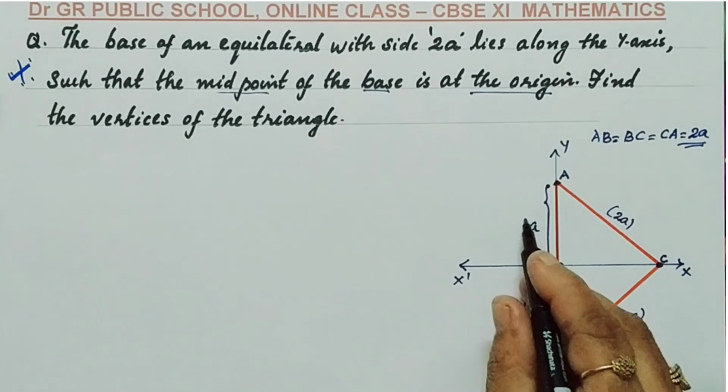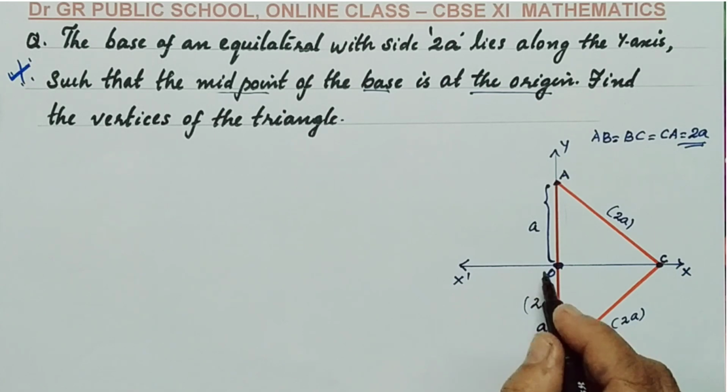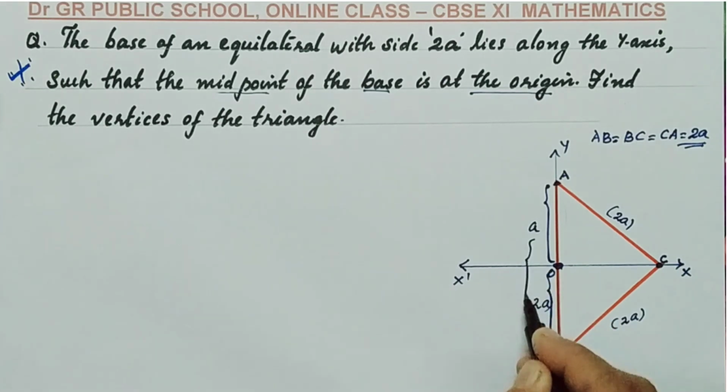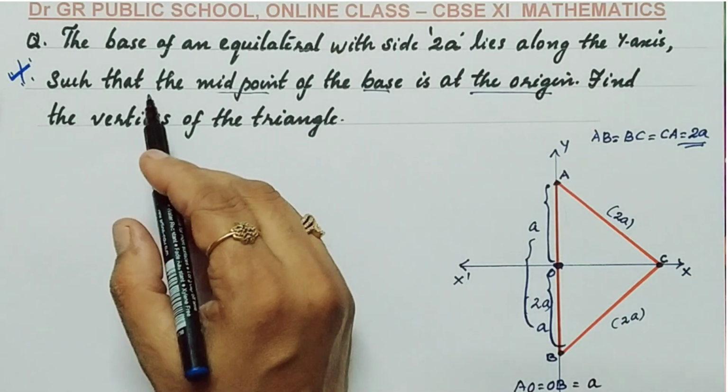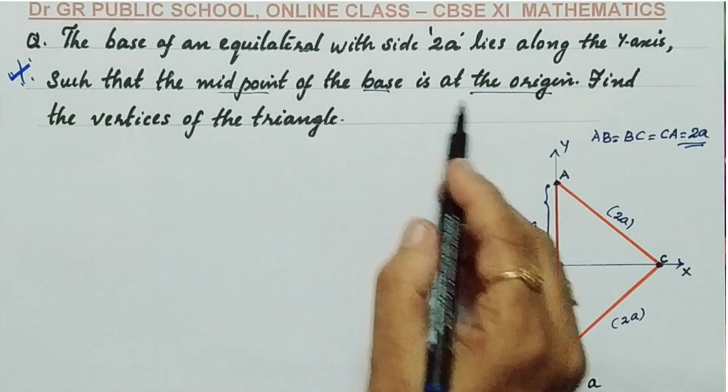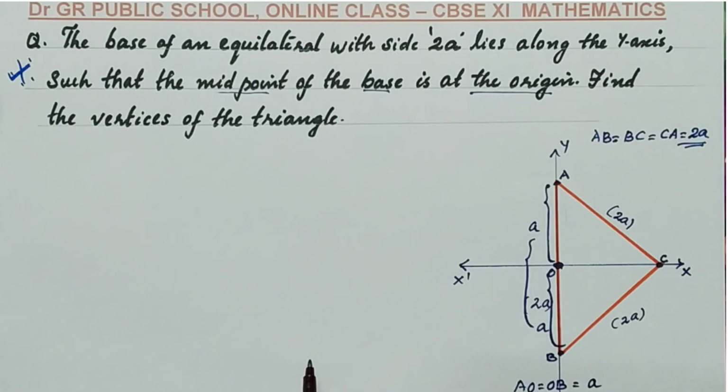So A plus A becomes 2A. The total 2A comes from this part, that is AO equal to OB, both are equal to A units. As per the given condition, the midpoint of the base is at the origin.